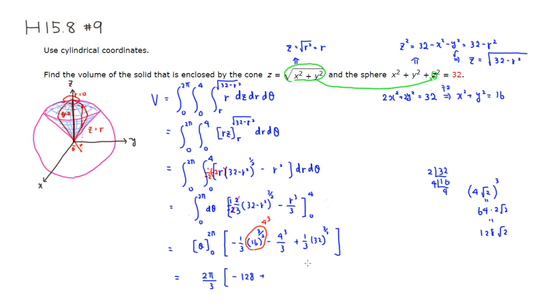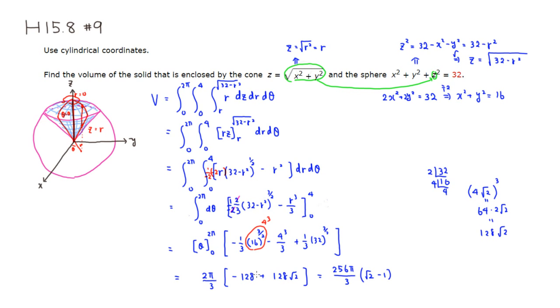Now it looks like 128 is in common too, so you're going to have times 2. So it's going to be 256 pi over 3, then the square root of 2 first, minus 1. I pulled out the 128 from both.